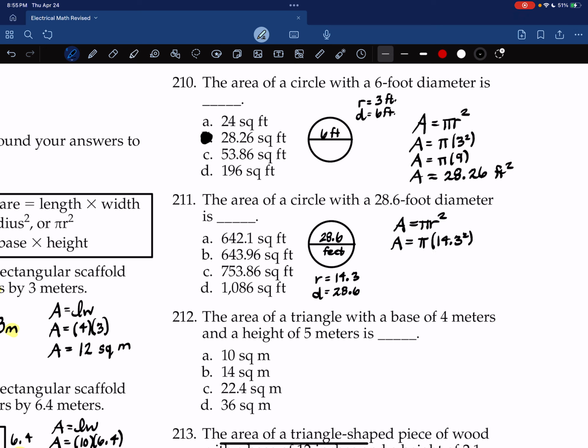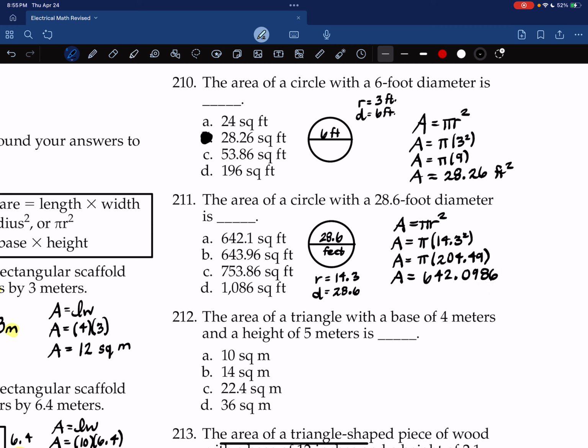204.49. It's really important for you to show your work. So if you're making mistakes, your teachers can see where you're making the mistakes. If you just put an answer down, it's hard to know where you're going wrong if you miss the question.